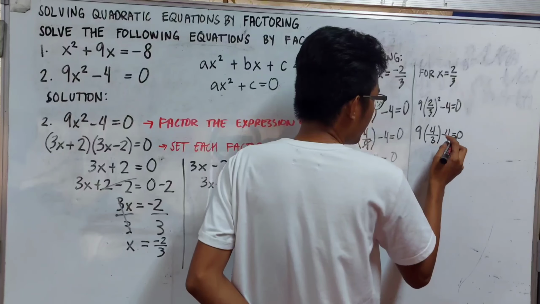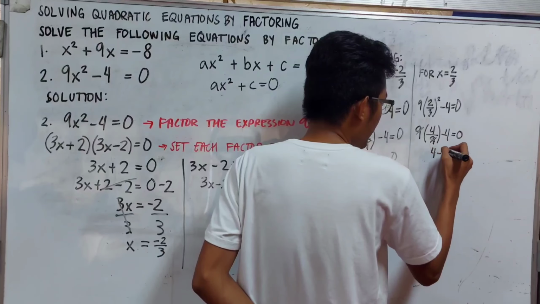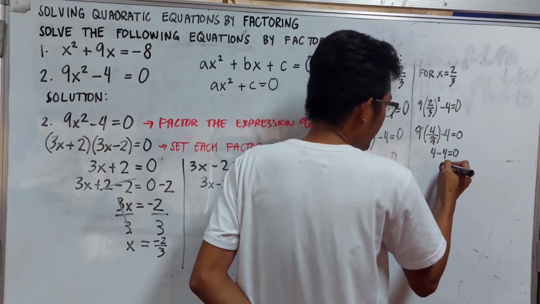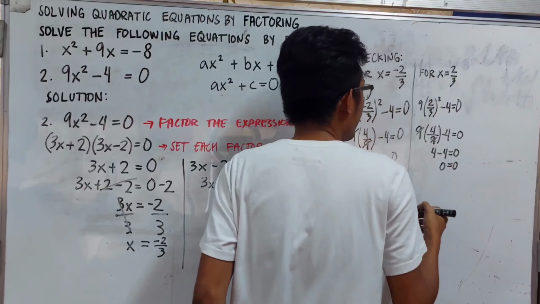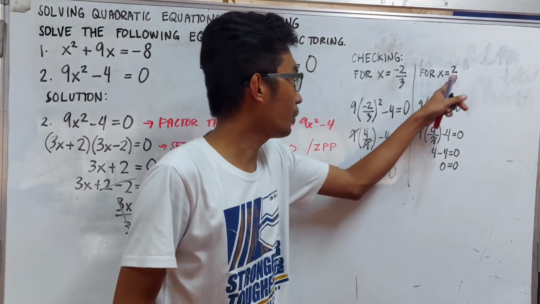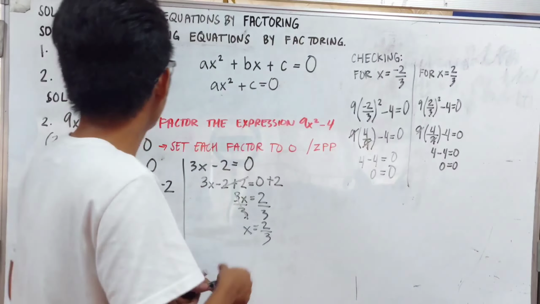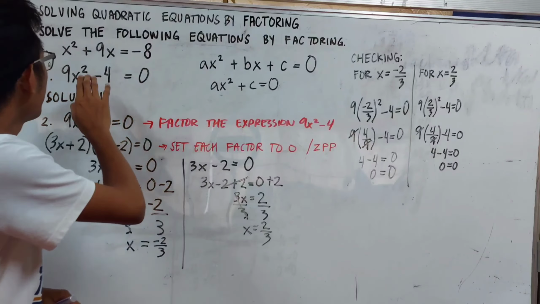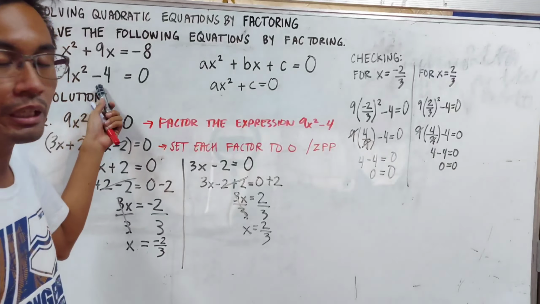Then cancel na to. We have 4 minus 4 equals 0. 0 equals 0. Therefore, 2 over 3 satisfy to the given equation, 9x squared minus 4 equals 0. Yung negative 2 over 3 and 2 over 3, those are the roots and solutions of this quadratic equation.